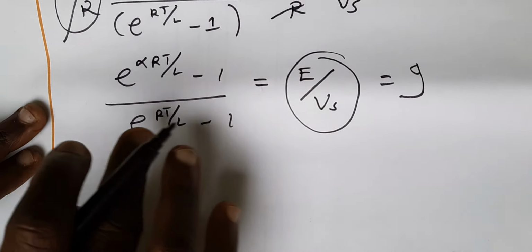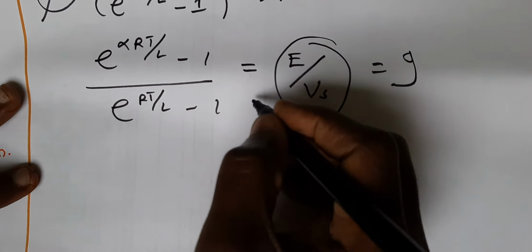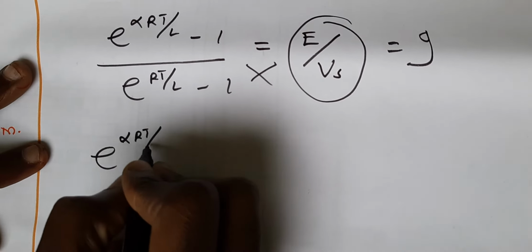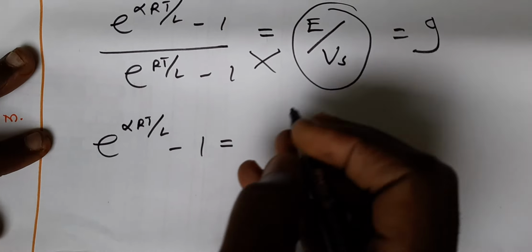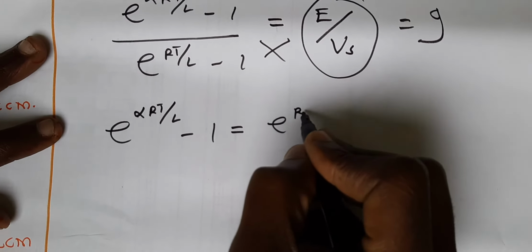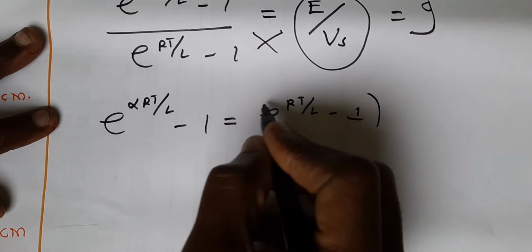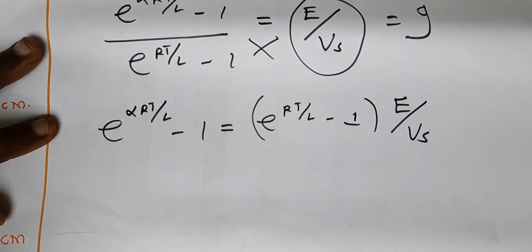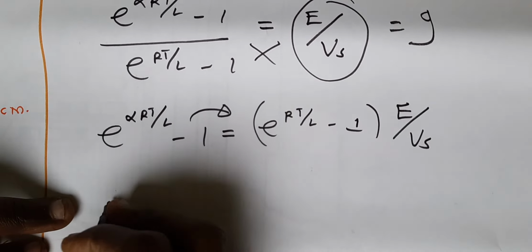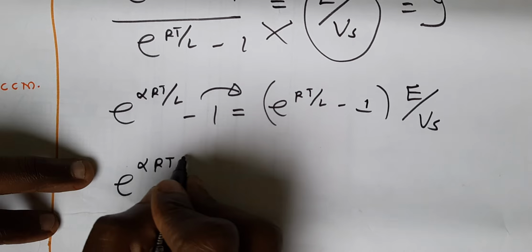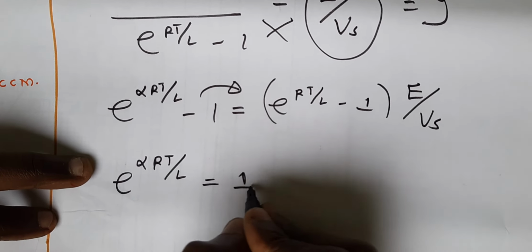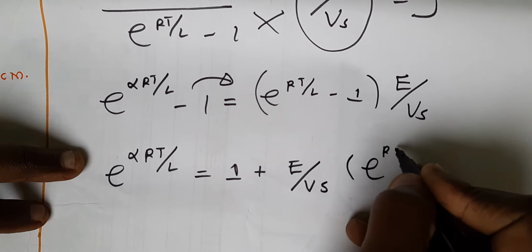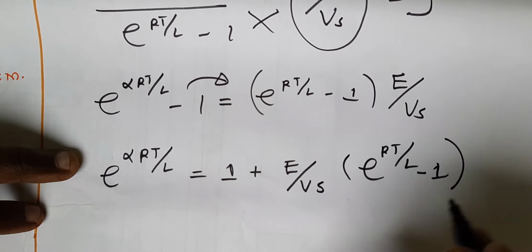So we can cross multiply here such that we have exponential alpha RT over L minus 1 is equal to exponential RT over L minus 1 multiplied by E over Vs. Then you can take this one that side, so we are going to have exponential alpha RT over L is equal to 1 plus E over Vs into exponential RT over L minus 1, isn't it?